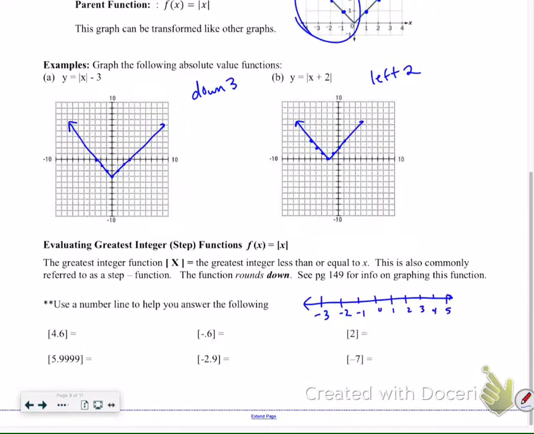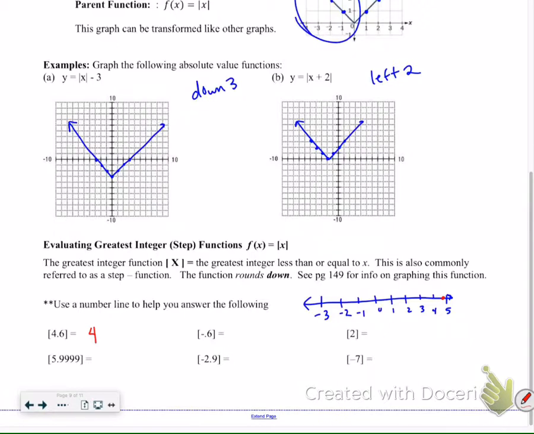Okay, so 4.6 would be somewhere in here. The greatest integer says that you're going to go to the greatest integer that is less than or equal to x. An integer is a whole number. It doesn't have a decimal with it. So the greatest integer that is less than or equal to x would be 4. 5 is not less than x, so 4 is the answer.